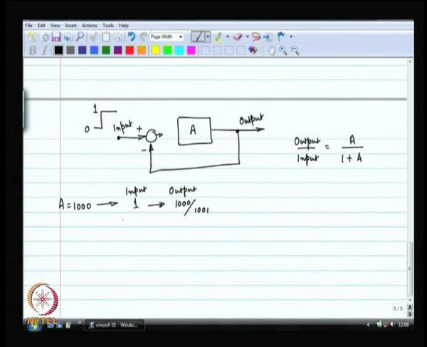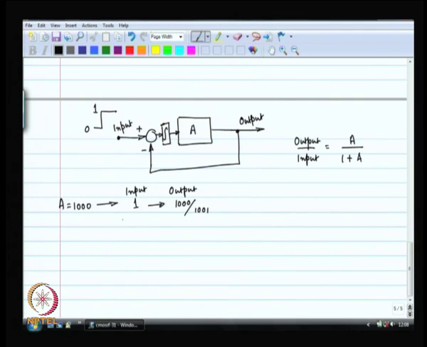Now, next step, suppose you put an integrator. Okay. Basically, you integrate the error signal.